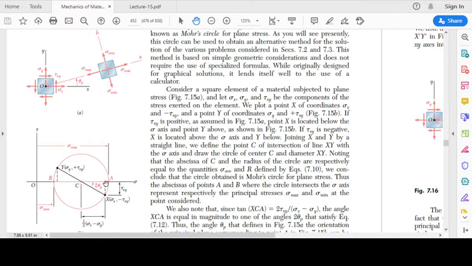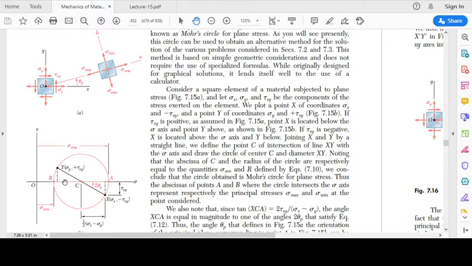Using this we can determine the maximum normal stress, which is at point A. We can determine the minimum normal stress, which is at point P, and the maximum in plane shear stress, which is the radius. So we can find Cx or Cy. We can determine the angle made by the principal plane with the vertical plane or with the horizontal plane.